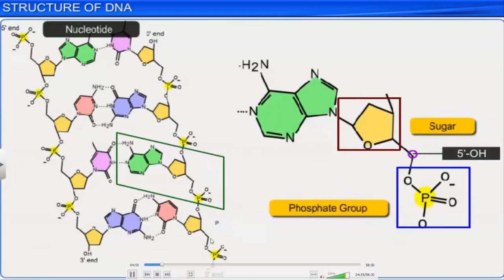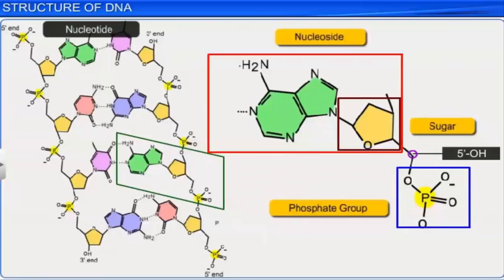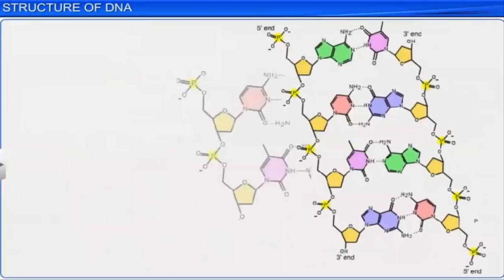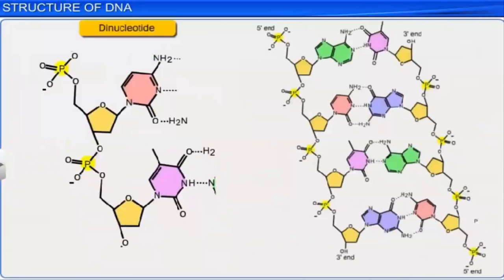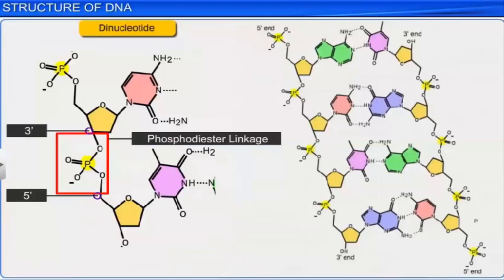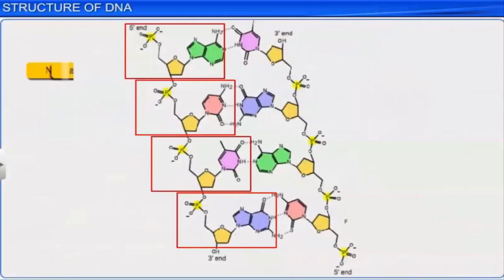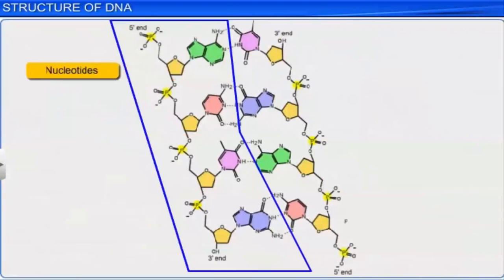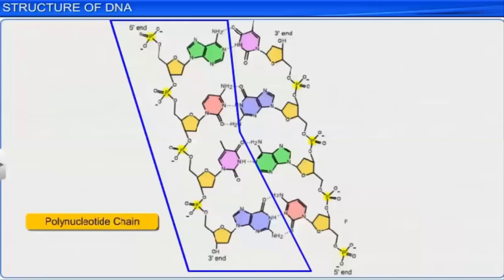The phosphate is linked to the 5' OH of a nucleoside through the phosphoester linkage. Also, a dinucleotide is formed when two nucleotides are linked through a 3', 5' phosphodiester linkage, and several such nucleotides can join similarly to form a polynucleotide chain.